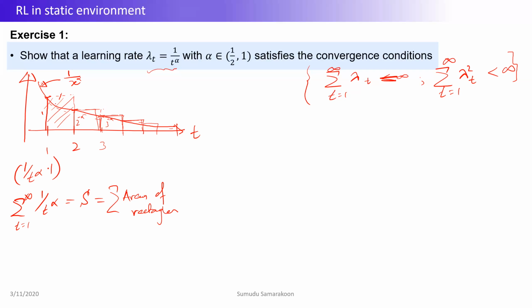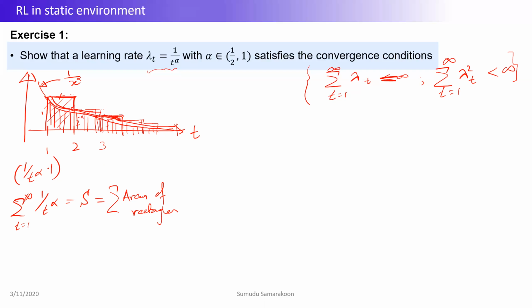We can see that the area under the 1 over x to the power alpha curve is slightly less than this summation. Why? Because you can see these parts, and this one, and again this part.